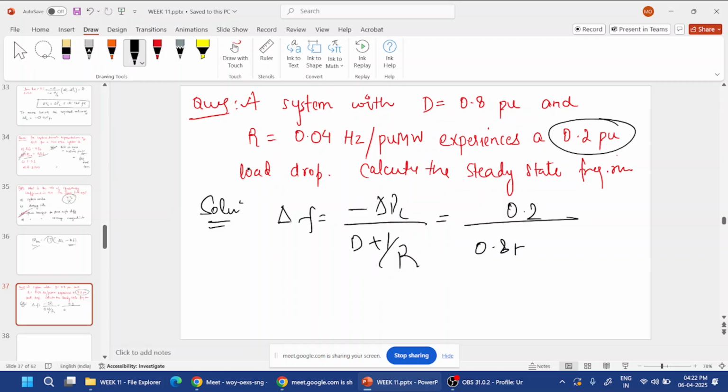D is 0.8, R is 1 by 0.04. So 0.2 divided by 0.8 plus 25, it comes out to be 0.2 divided by 25.8.